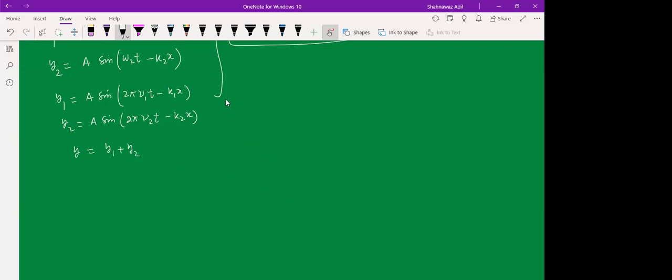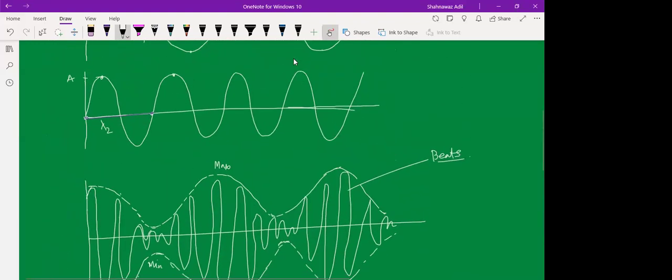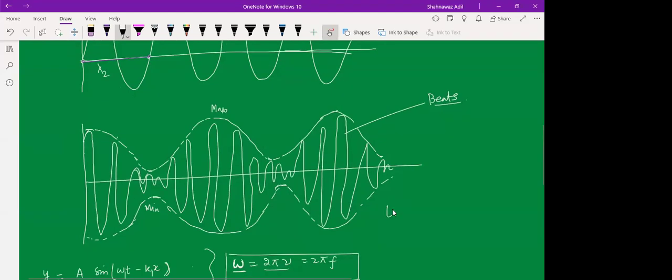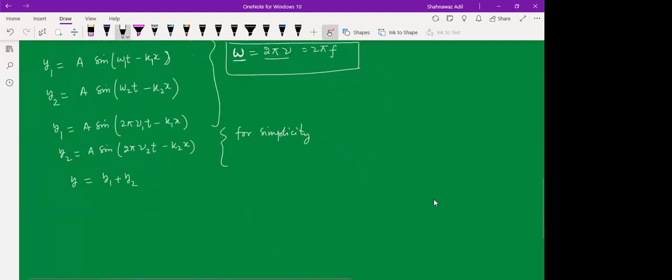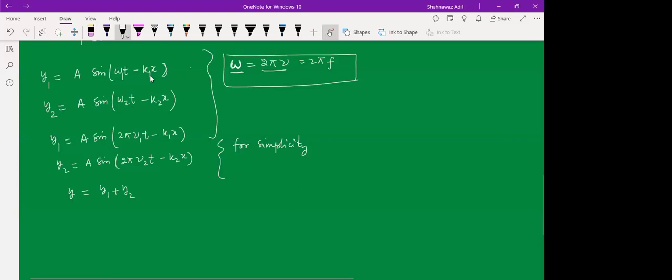And for simplicity, because beats only vary with respect to time, we write it in terms of time and ignore this x part. So for simplicity, we take x equals 0.